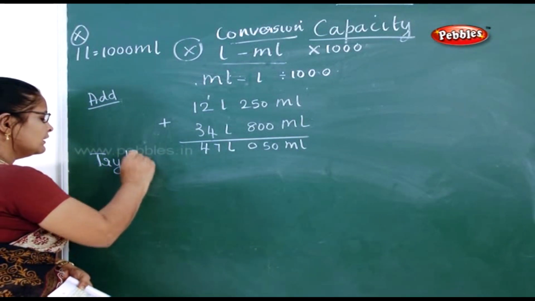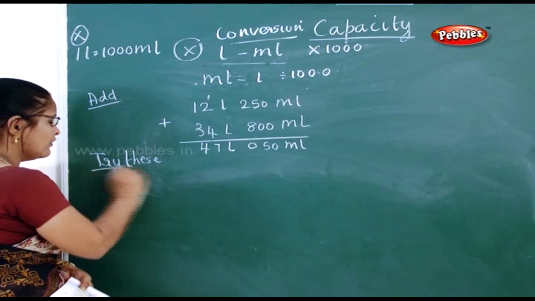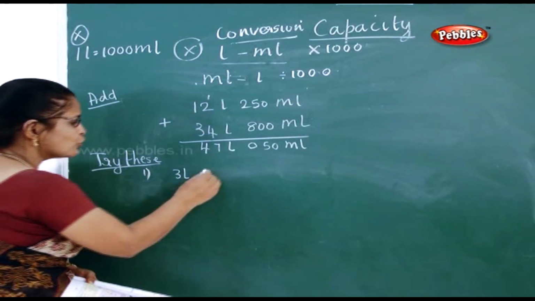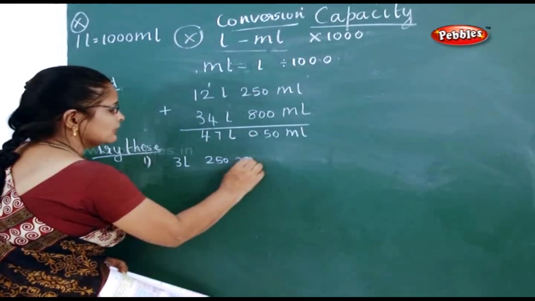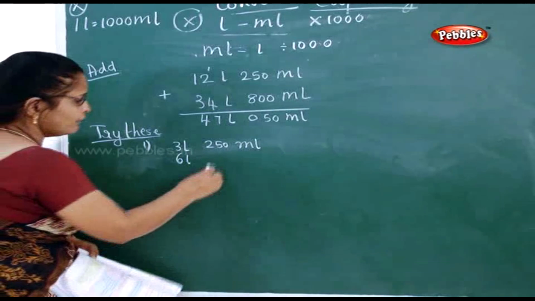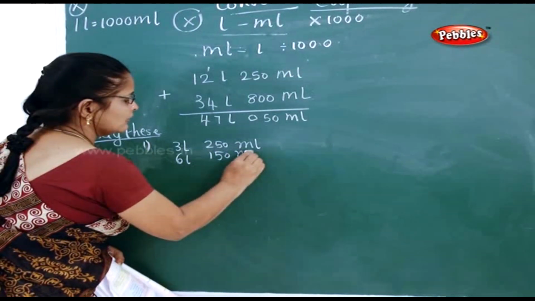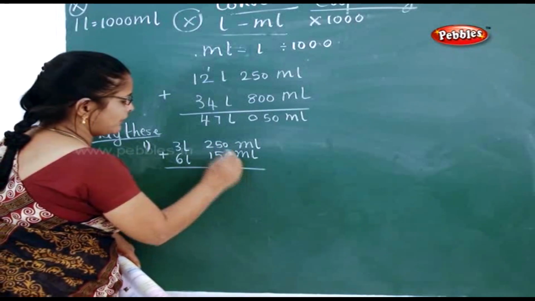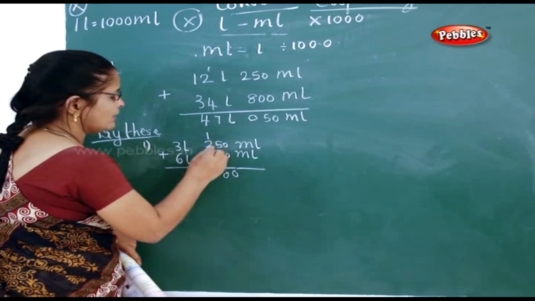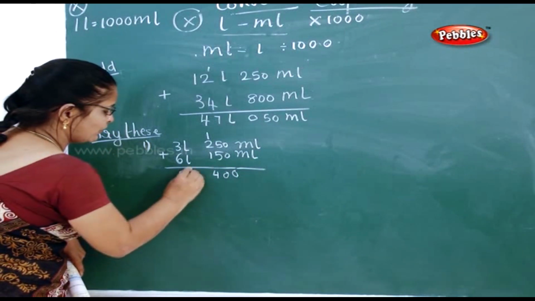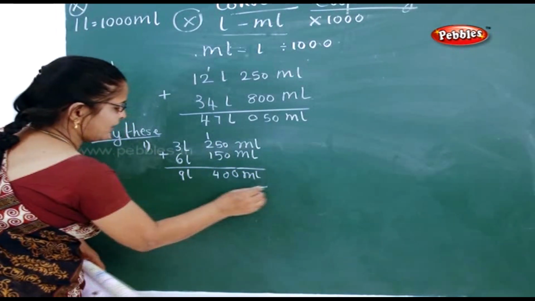Try this. Now, what is your first sum? 3 L 250 ml, with what you have to add? 6 L and 150 ml. Now, can you add it and tell me? 0 plus 0 is 0, 5 plus 5 is 10, you have 1, 2 plus 1 is 3, 4, 3 plus 6 is 9. So, you get 9 liter and 400 ml.